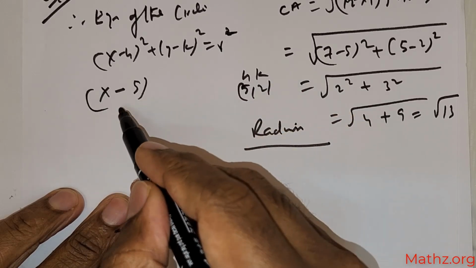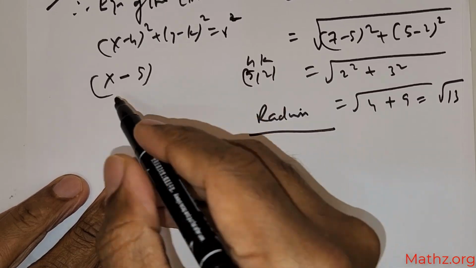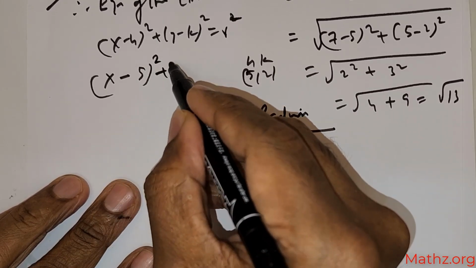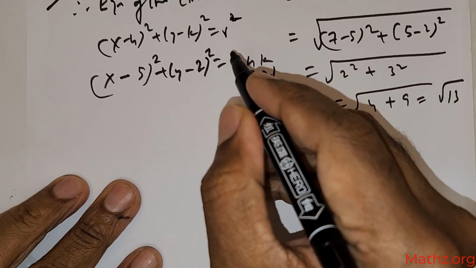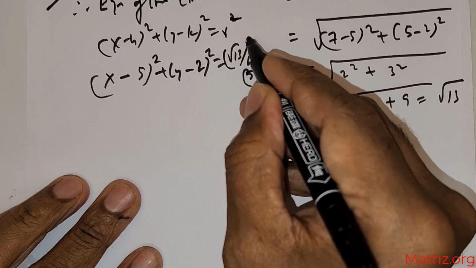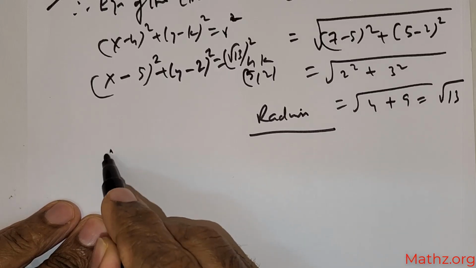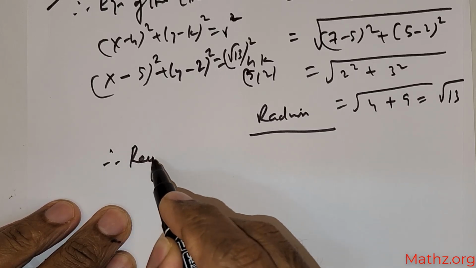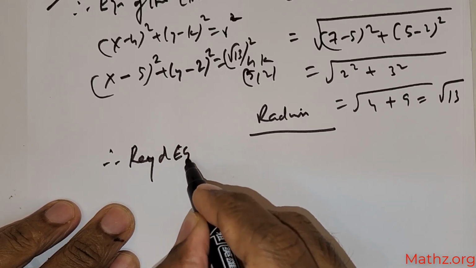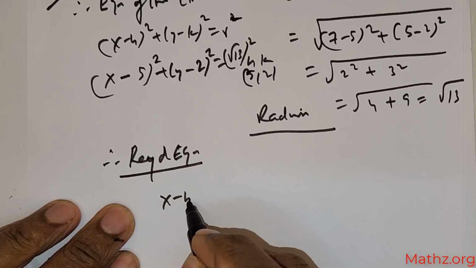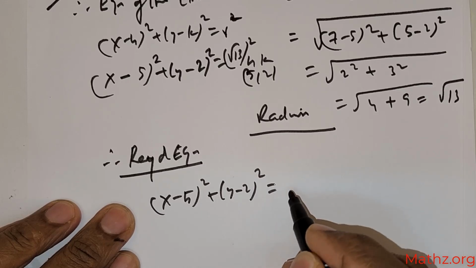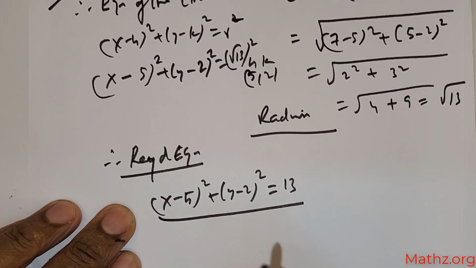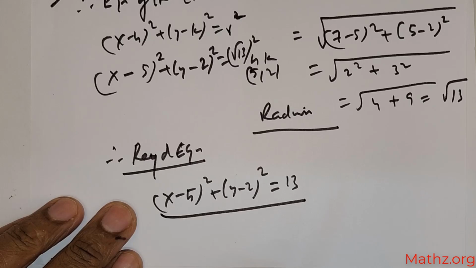So I'm going to substitute that value: (x minus 5) whole squared plus (y minus 2) whole squared. r is equal to root of 13, so this is root of 13 squared. So therefore the required equation is going to be (x minus 5) the whole squared plus (y minus 2) the whole squared is equal to 13. This is the equation of the circle.